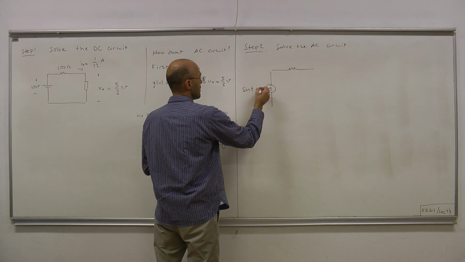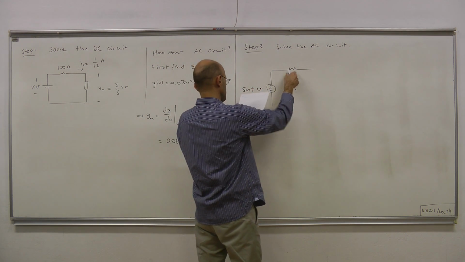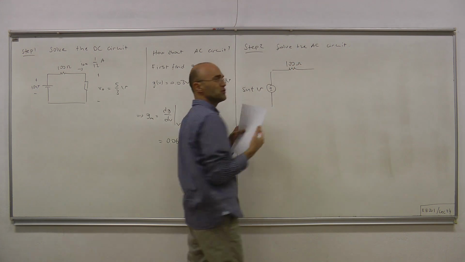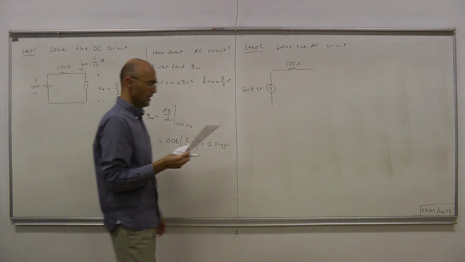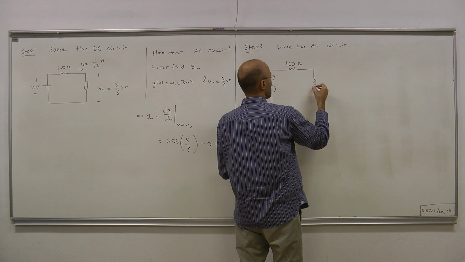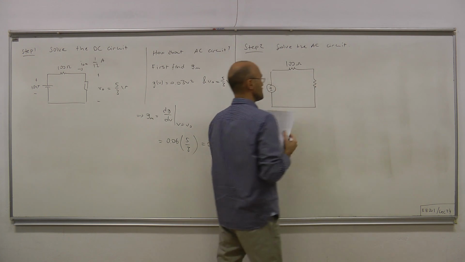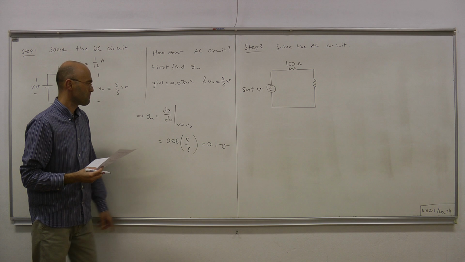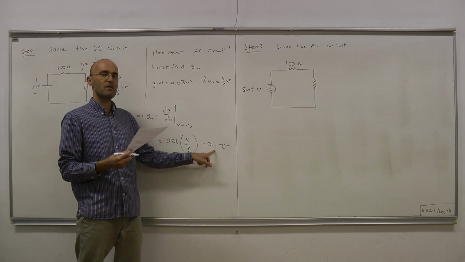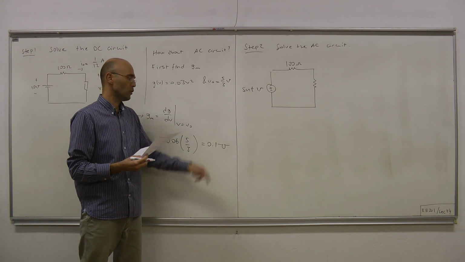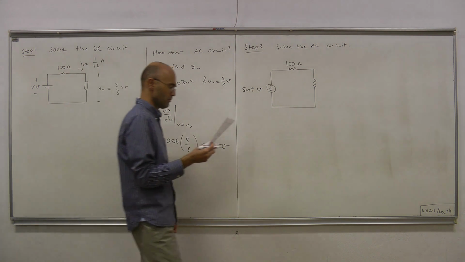This resistance remains the same, 100 ohms, and here we have another LTI resistor, whose conductance is 0.1 mhos. Therefore, its resistance is 1/0.1, 10 ohms.